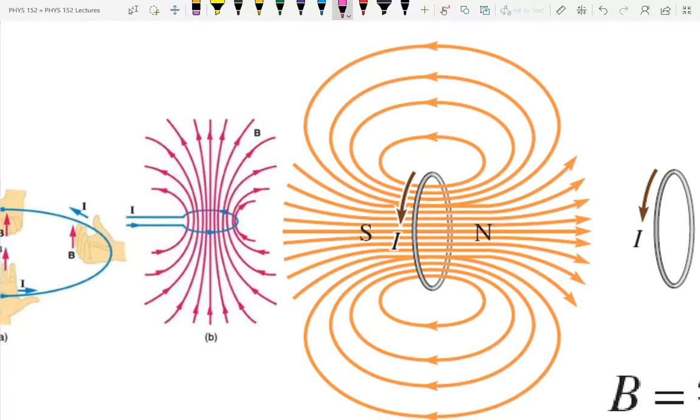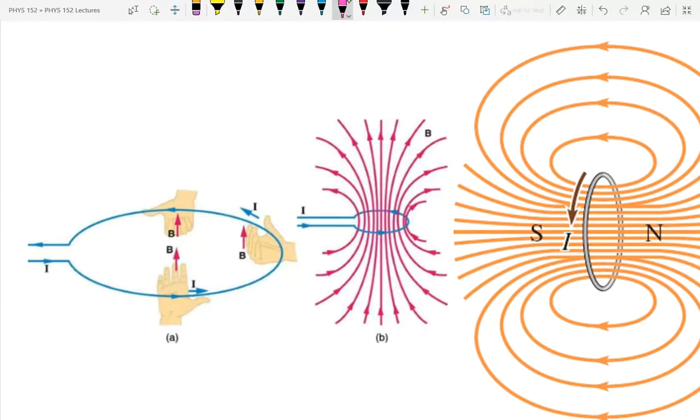So you have the stronger magnetic field inside, the weaker magnetic field outside. And just as we learned is a rule, the lines all close on each other. So you have to have the same number of magnetic field lines outside as you have inside. The difference is the ones outside are much more spread out, much weaker field spread out over a much larger area. Inside, it's a much stronger field in a smaller area. This direction came from applying the right-hand rule at each point along the loop.